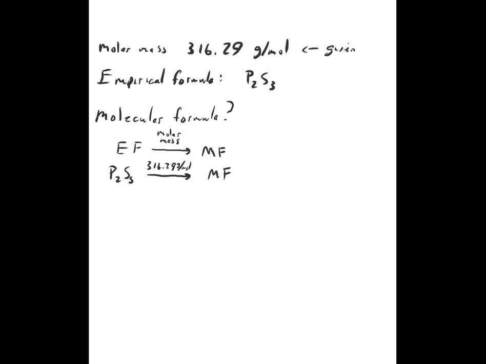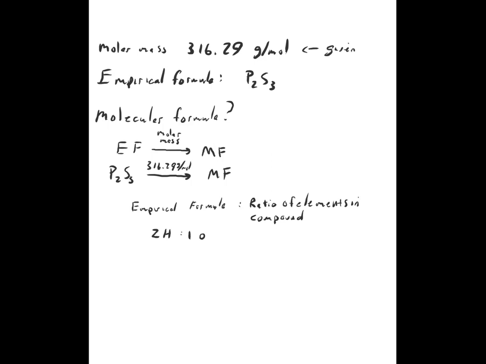So let's talk about what the differences are. The empirical formula is really not the formula for the compound. It's the ratio of the elements. It's just a ratio in the compound. So for example, we might say that there are 2 hydrogens for every 1 oxygen.